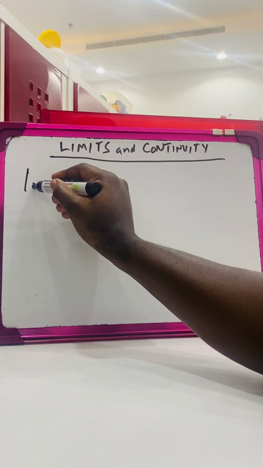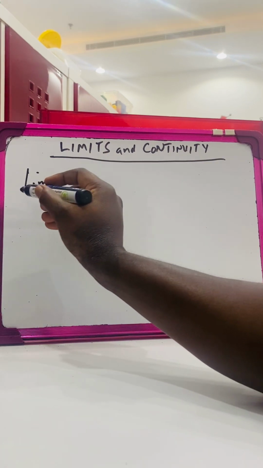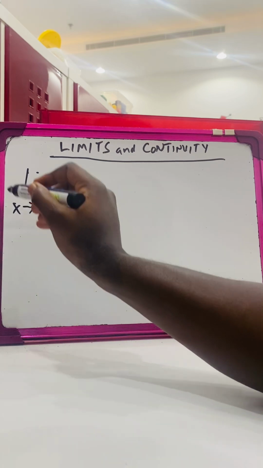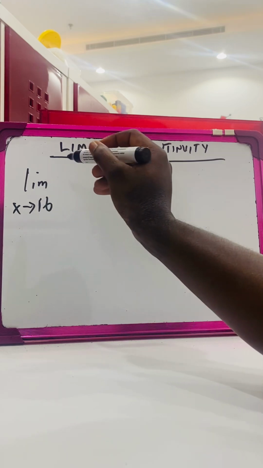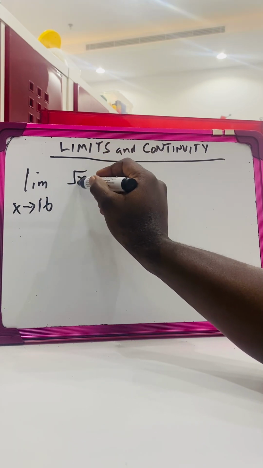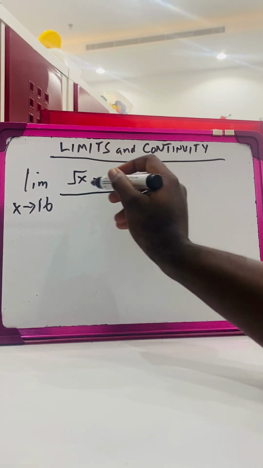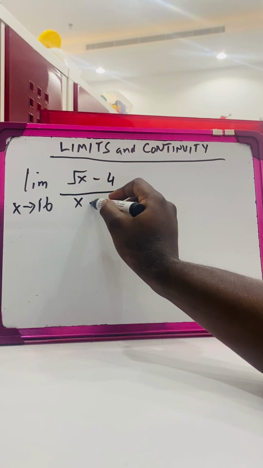I'll look for the limit as x approaches 16. Given function: root of x minus 4 all over x minus 16.